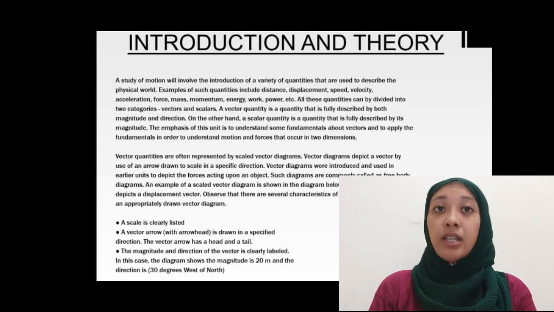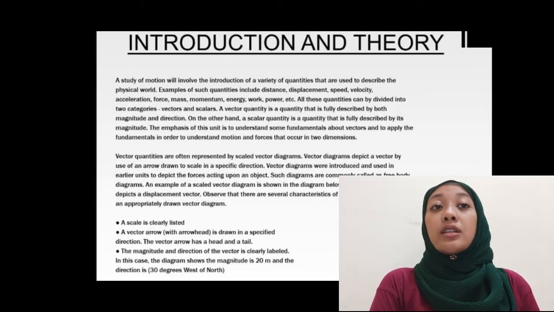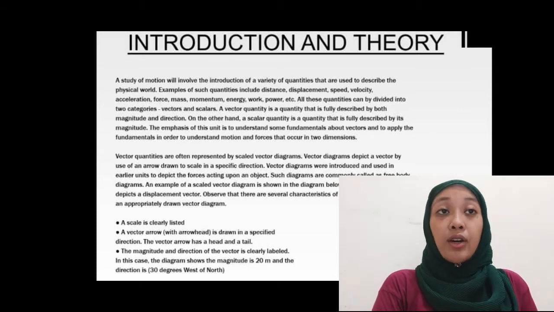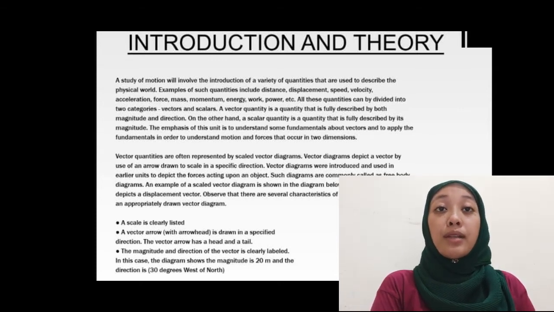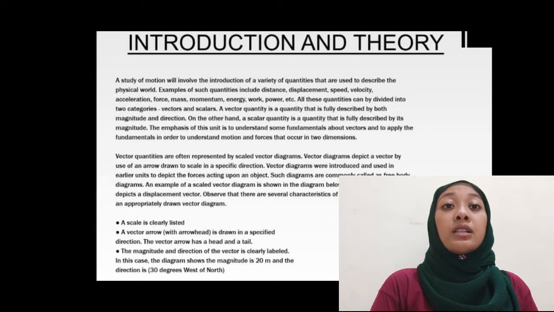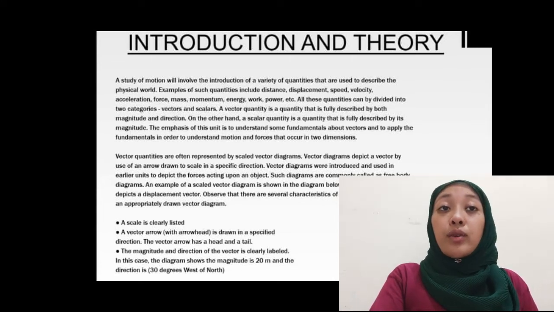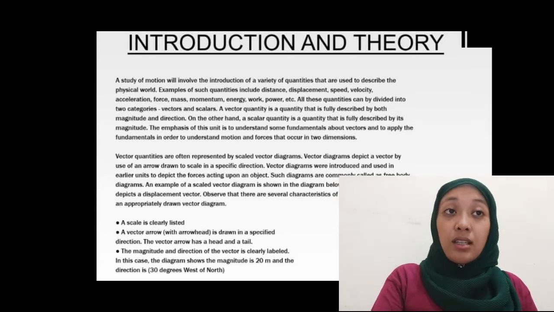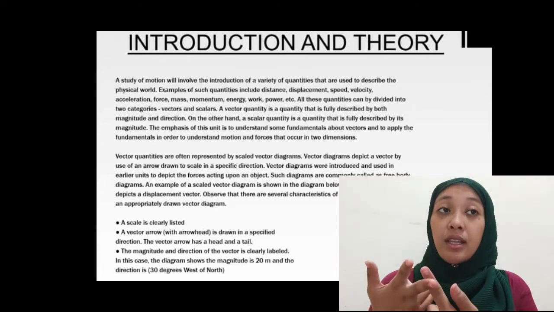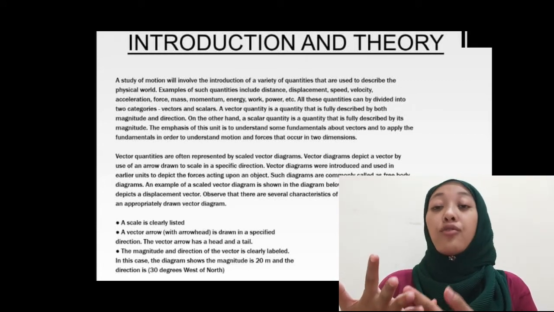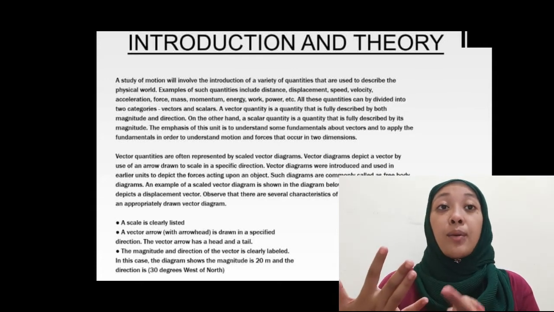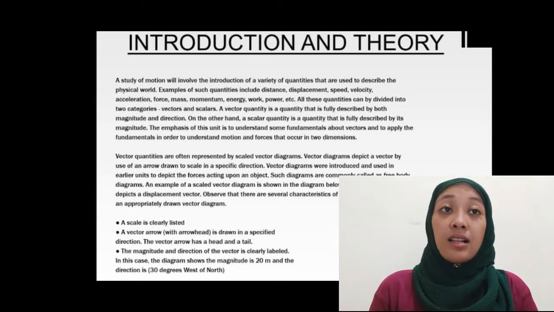Introduction and theory. A variety of quantities are used to describe the physical world. Examples of such quantities include distance, displacement, speed, velocity, acceleration, force, mass, momentum, energy, and more.